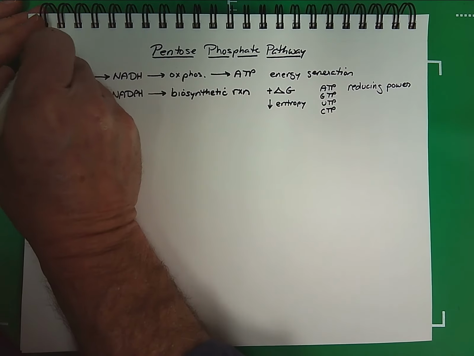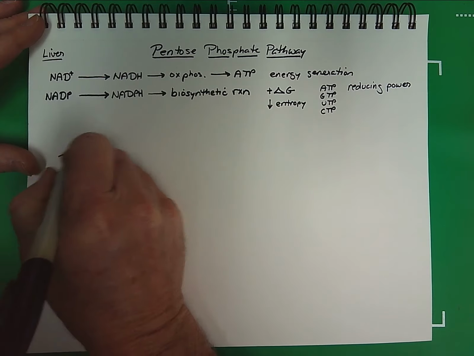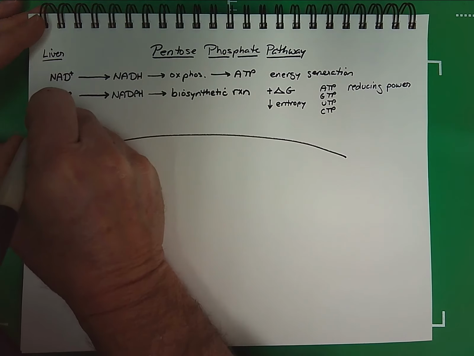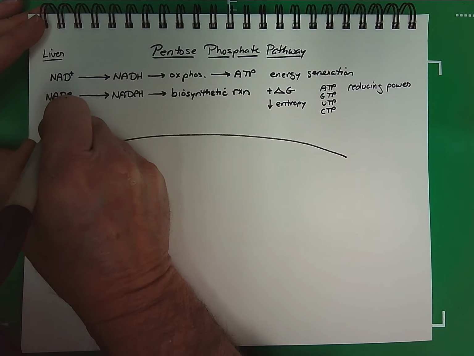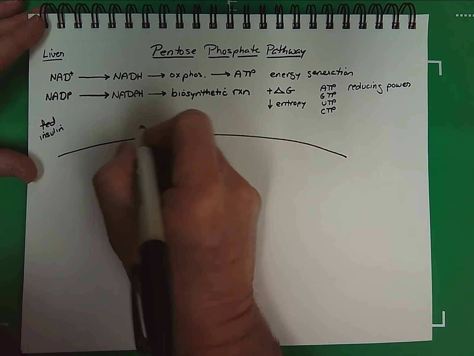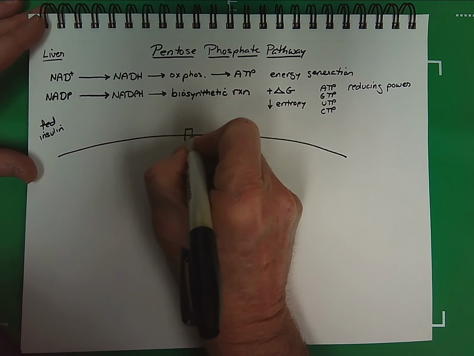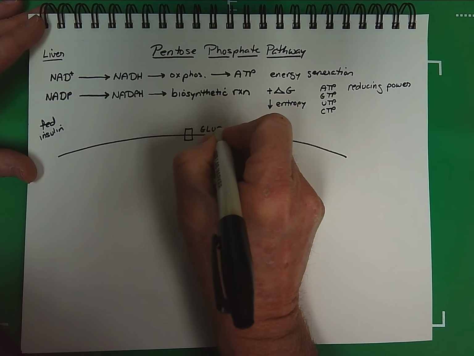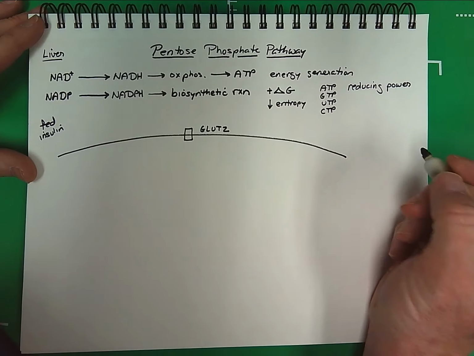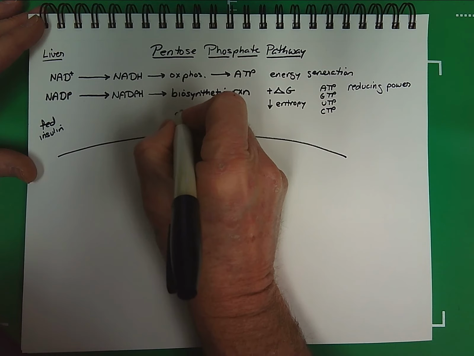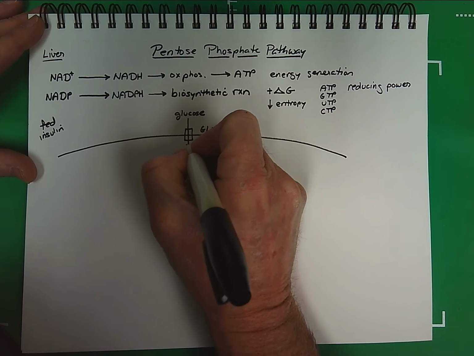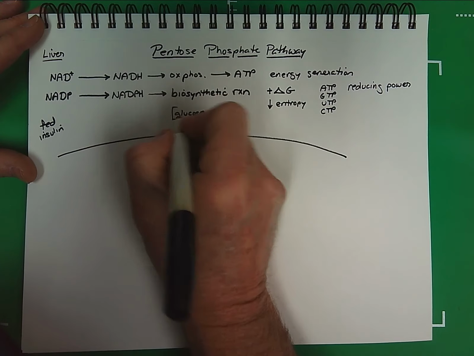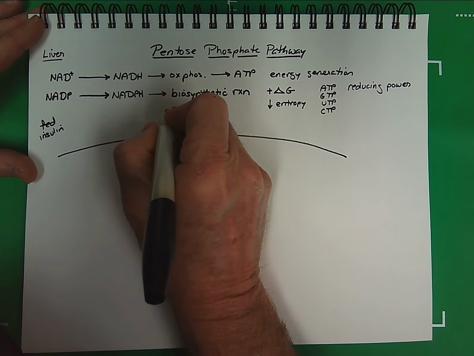Now recall, we are going to be focusing on the liver, and so in the liver, in the fed state, recall we have insulin signaling in the fed state, we have GLUT2 on the cell surface of liver. Recall that this GLUT2 is going to be working only when glucose concentrations are high in the blood, and this, of course, is during our fed state.